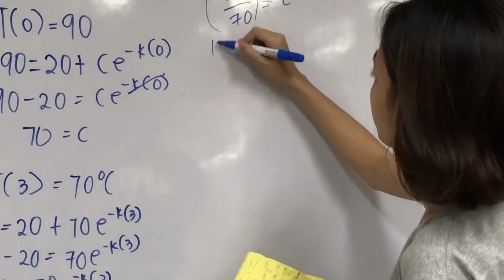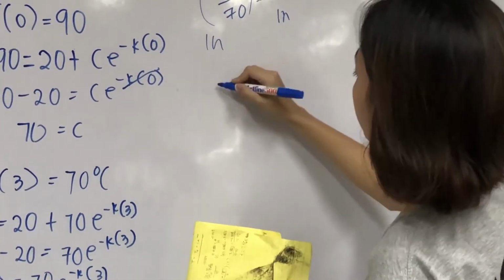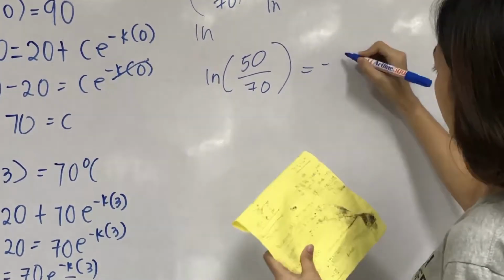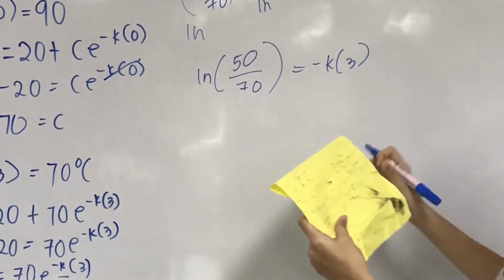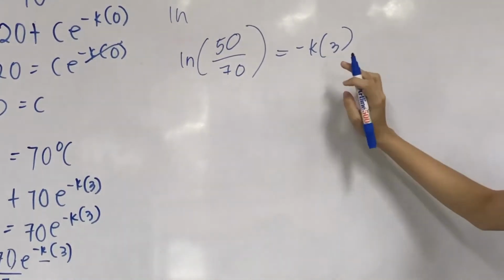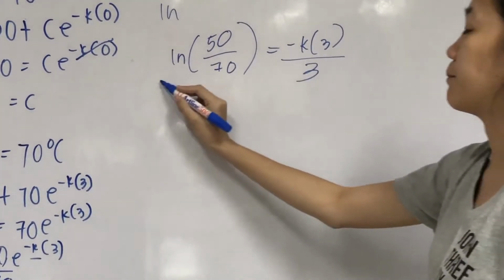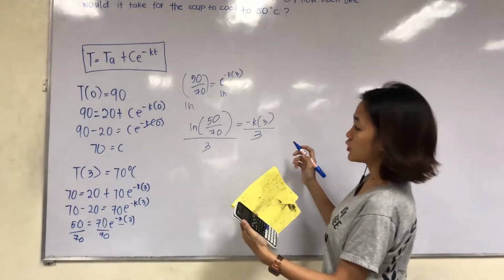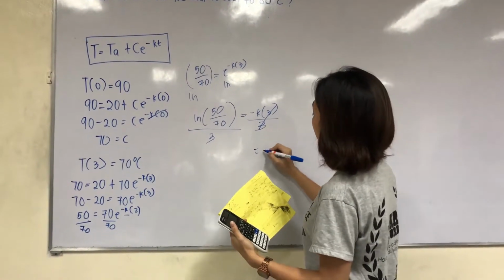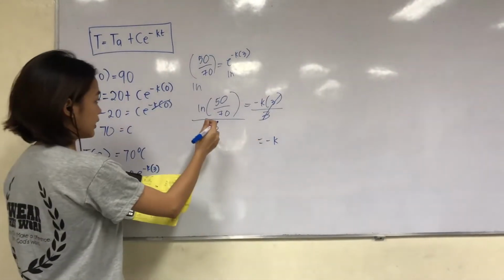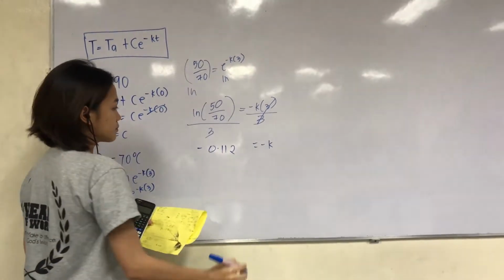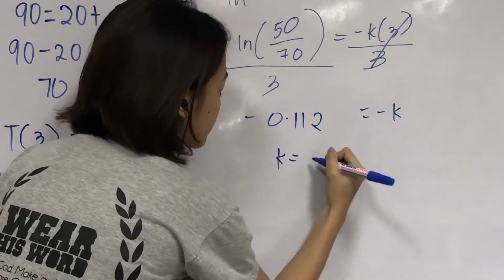Applying ln, and to get the negative k, to find k, we divide both sides by 3. So this will cancel the negative k. Getting this value, we will get 0.112, where k is equal to 0.112.